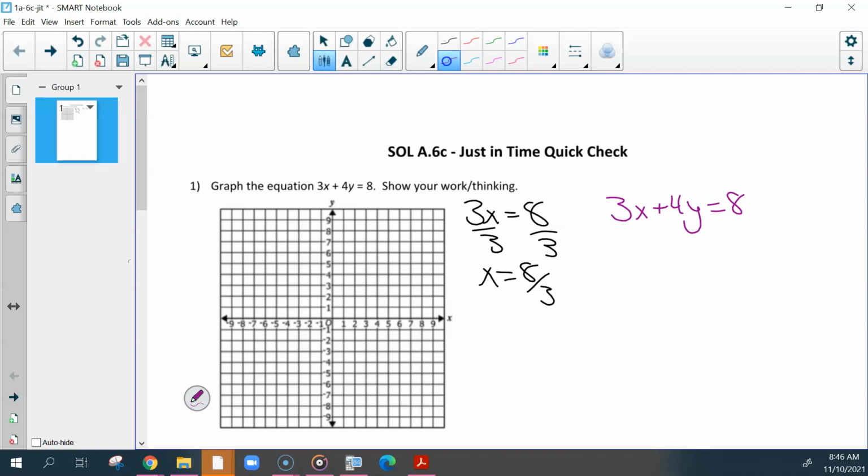So we're going to subtract our 3x to the other side. I'm going to go ahead and switch these two so that my slope or my variable term comes first.